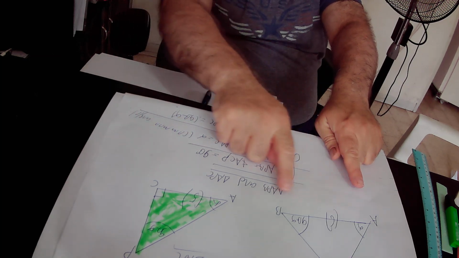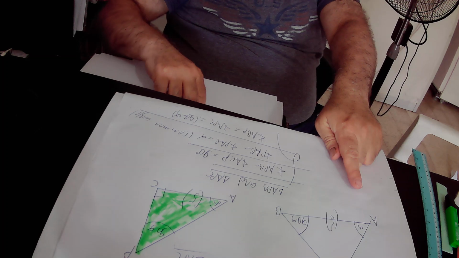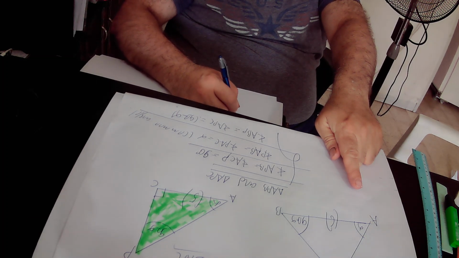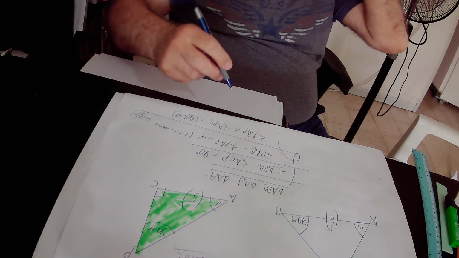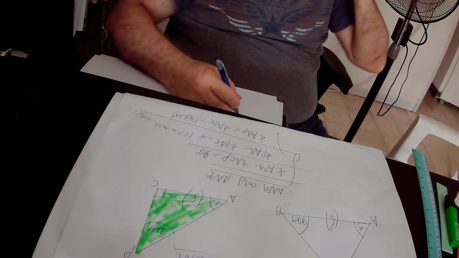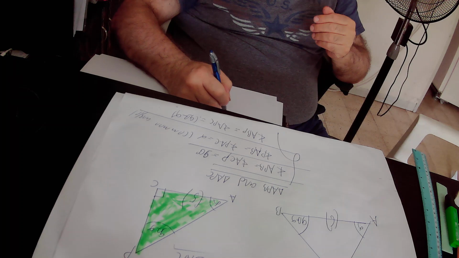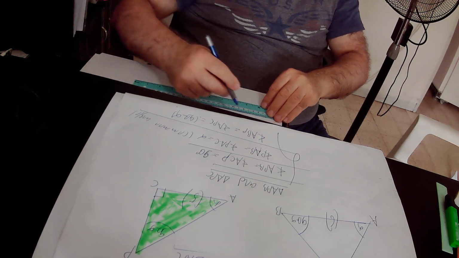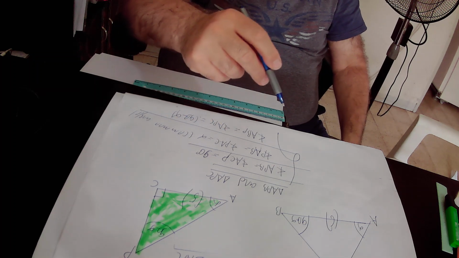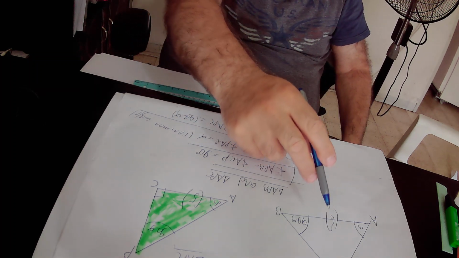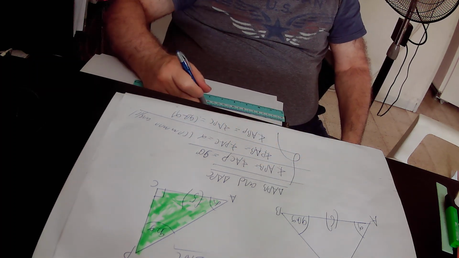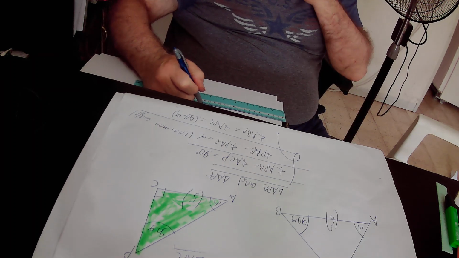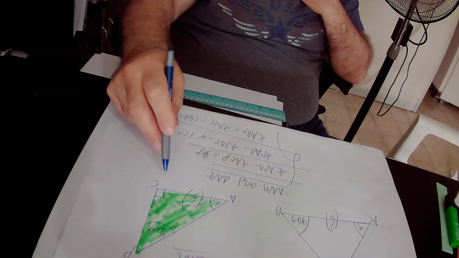Side AB in the right triangle over side AP in the green triangle equals side AP in the white triangle over side AC in the green triangle.